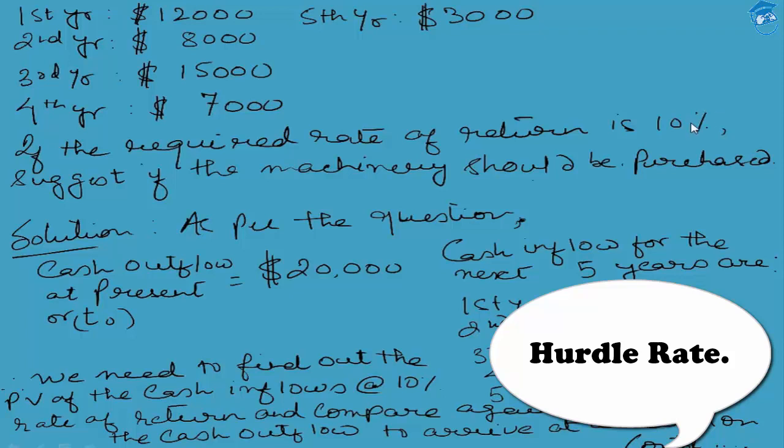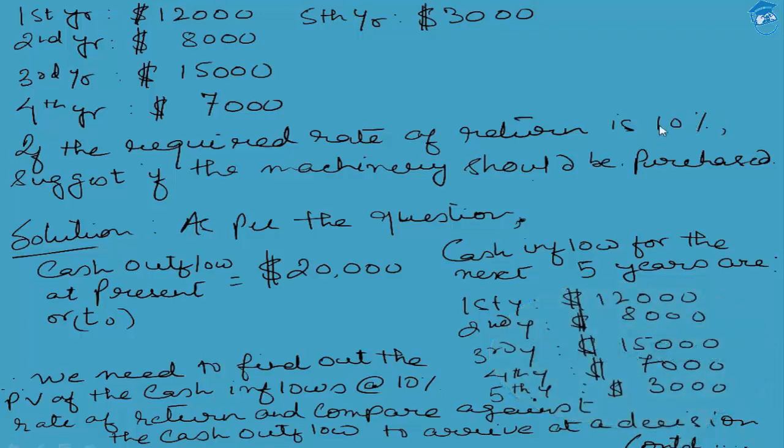So how exactly will the asset justify its presence? Against a discount rate of 10%, justification is studied in the light of the NPV or the net present value. So against a discounting rate or a hurdle rate or a bare minimum rate of return of 10%, the asset shall be justifying its presence if it is earning a positive NPV, or a positive net present value, for the company.